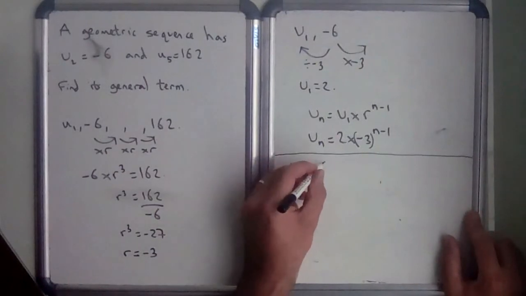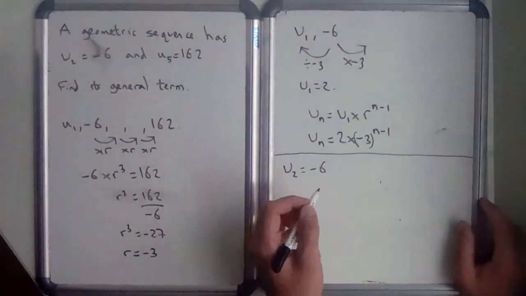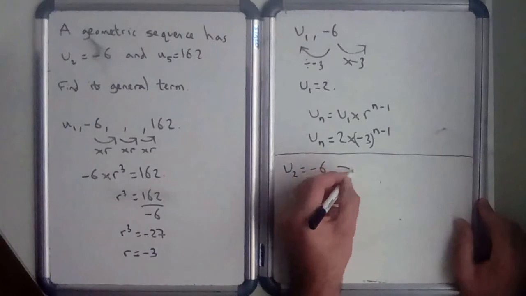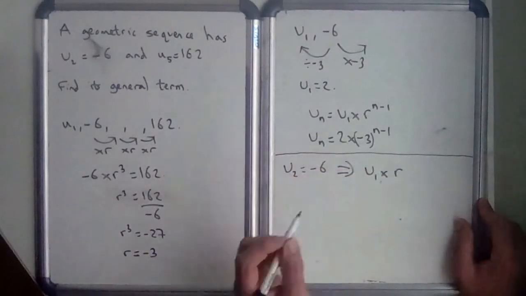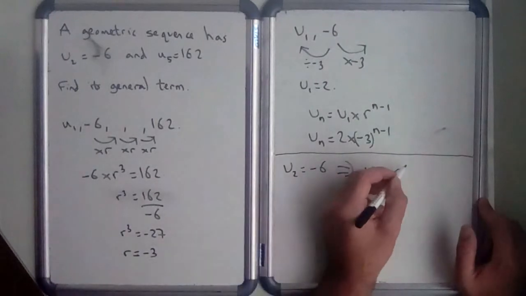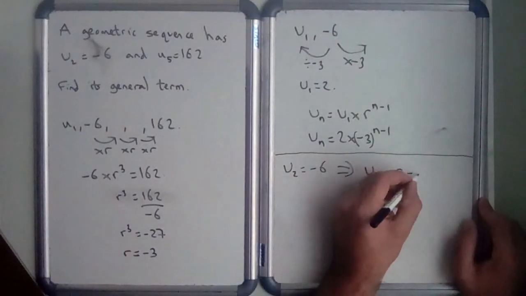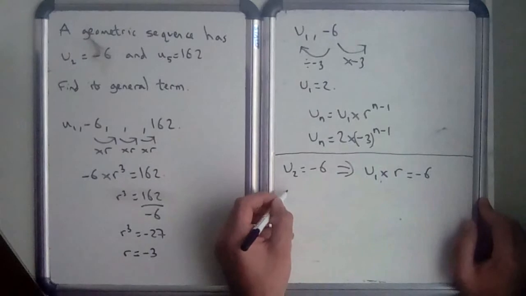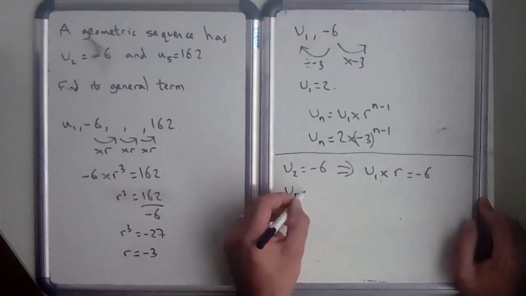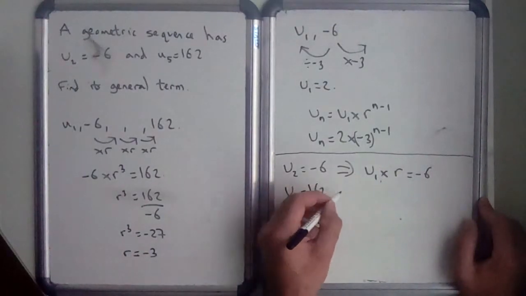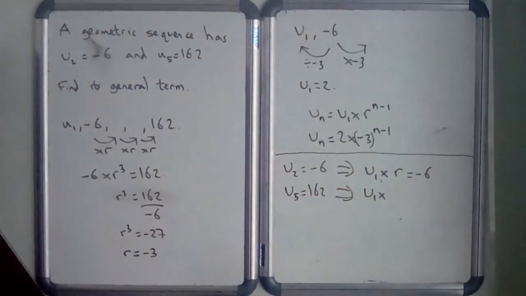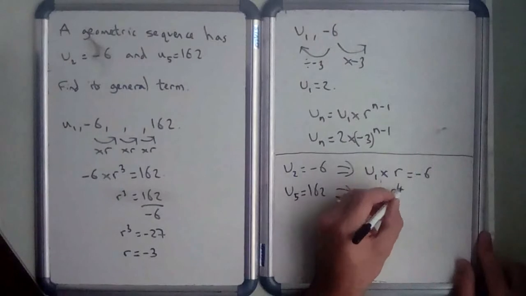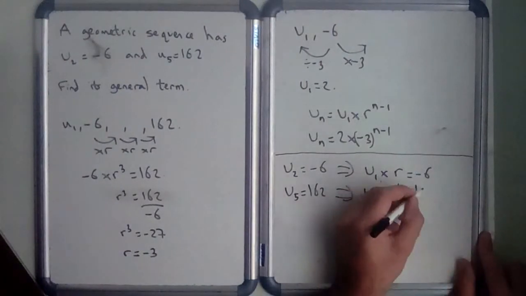You're given u2 equals minus 6. So you know that u1 times r to the 2 minus 1, so r to the 1, equals minus 6. You also know that u5 equals 162, which means that u1 times r to the 5 minus 1, r to the 4, equals 162.